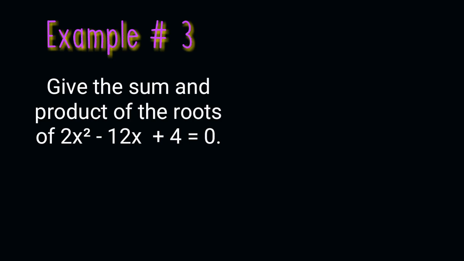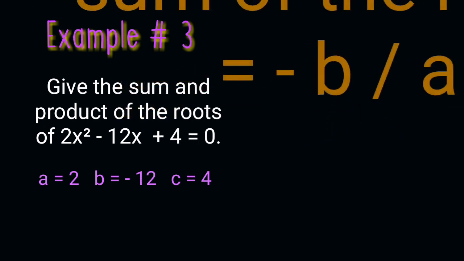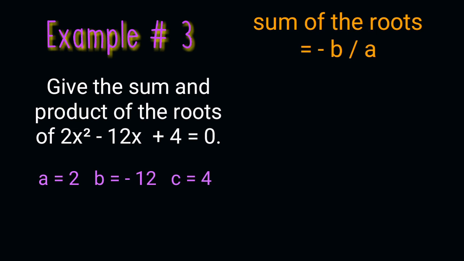Example number 3. Give the sum and product of the roots of the equation 2x squared minus 12x plus 4 is equal to 0. A is equal to 2, b is negative 12, and c is equal to 4. So kung kukunin natin yung sum of the roots, negative b over a, negative times the value of b, negative 12, over the value of a, 2.